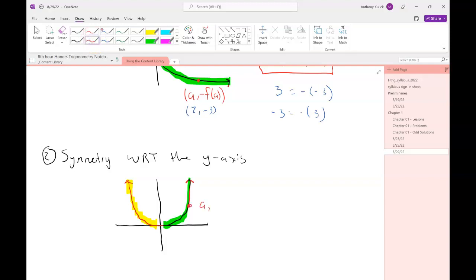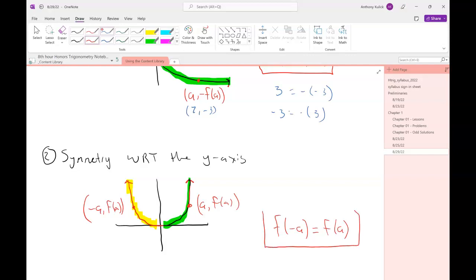So if this is the point (a, f(a)), if that's a point, I should also then have the point (-a, f(a)). Everybody agree with that? Right? So what we're saying then is that f of negative a has to give me f of a.